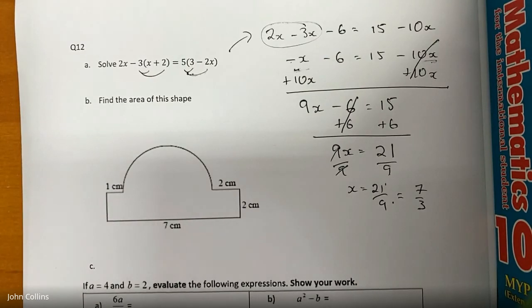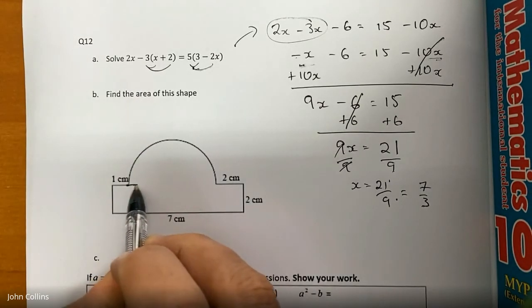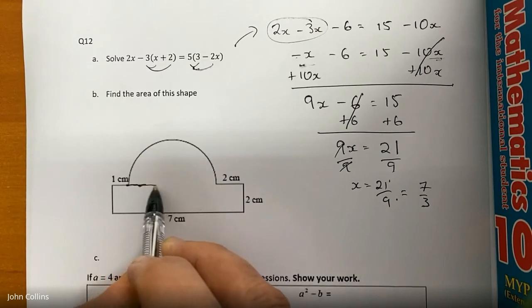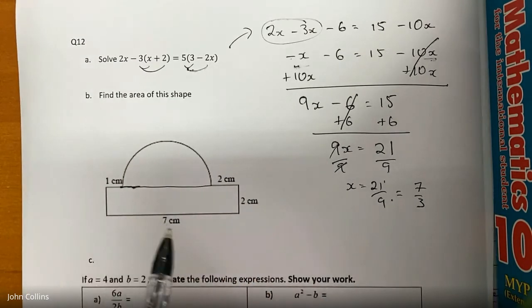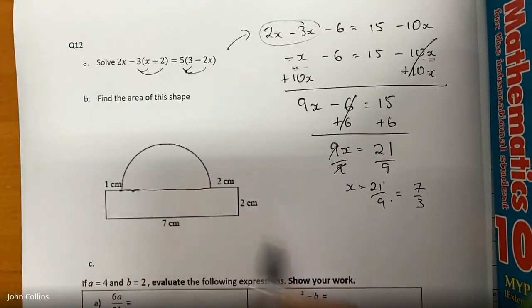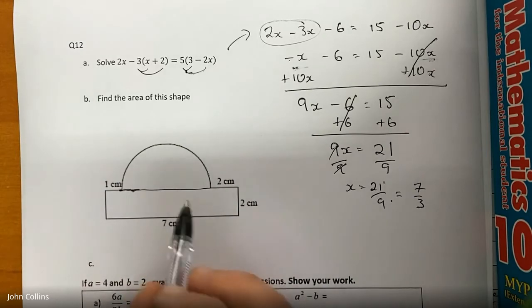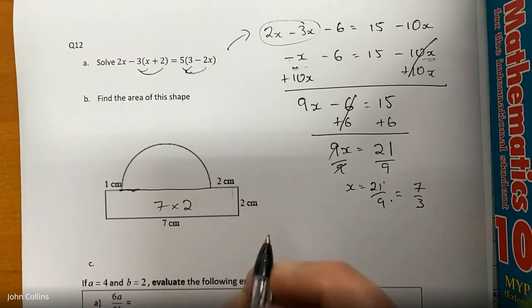All right, well, this is another compound shape, so I'm going to split it into two. There is an assumption here, which we should never do in maths, but the assumption is that this is exactly half a circle. It didn't state it in the question, possibly it should have, but we make that assumption. This rectangle down here is 7 times 2 in area, so that's 14.